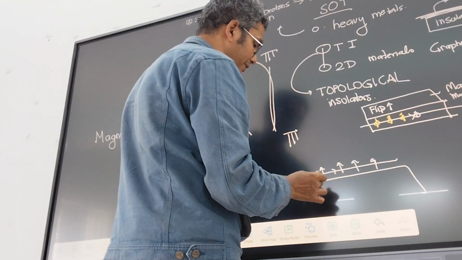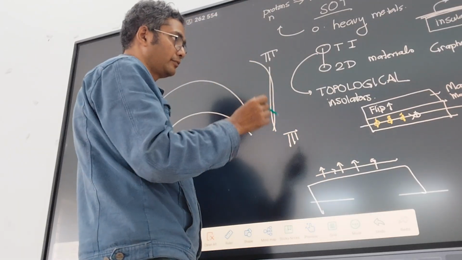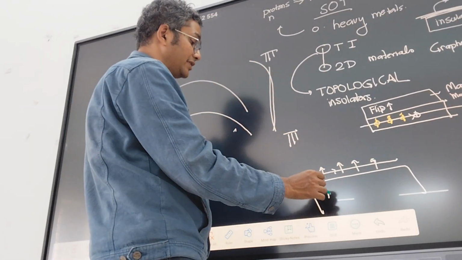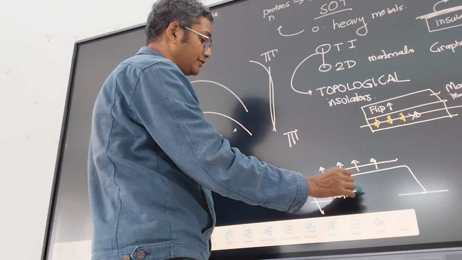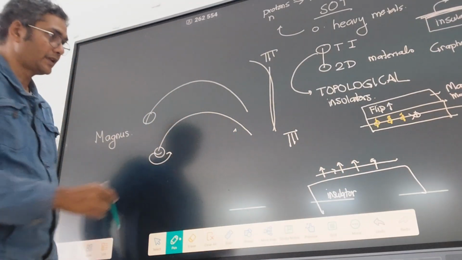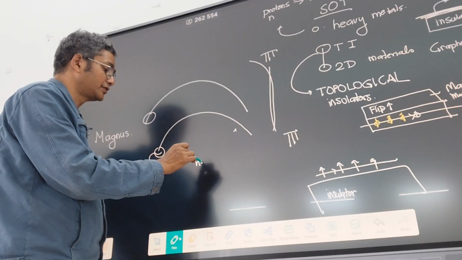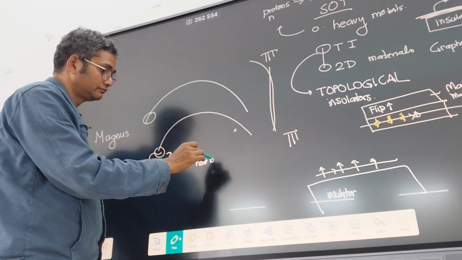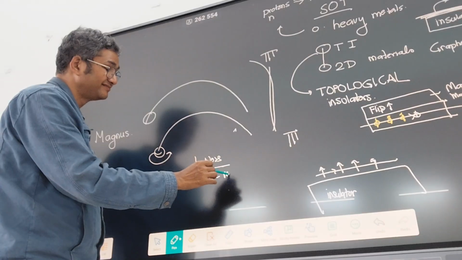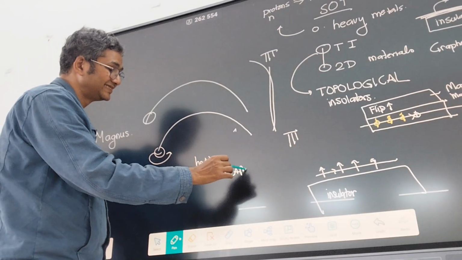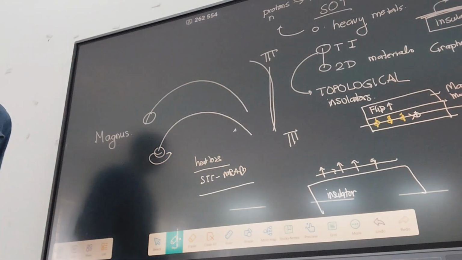In 2D materials there is nothing, and topological insulators are insulators underneath. That is why they are advantageous. So this actually removes the problem of heat loss associated with STT MRAM. Okay.